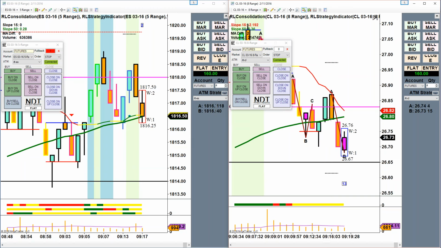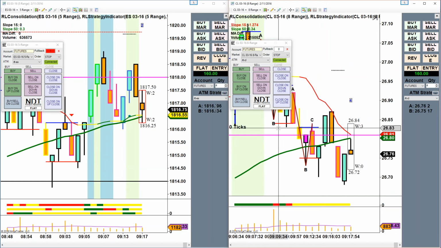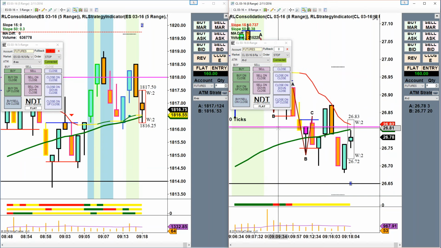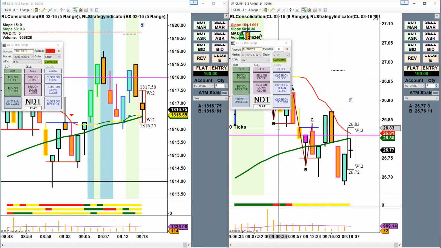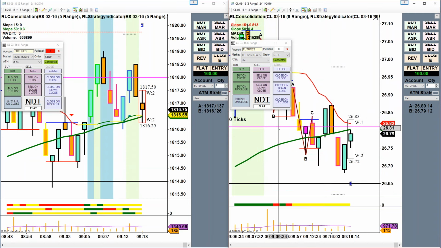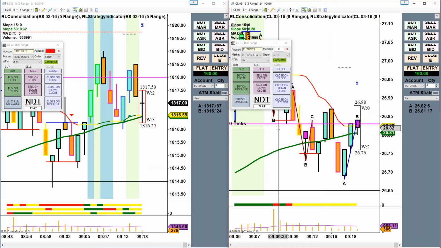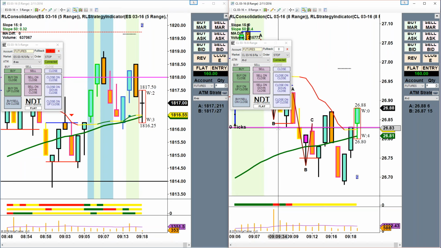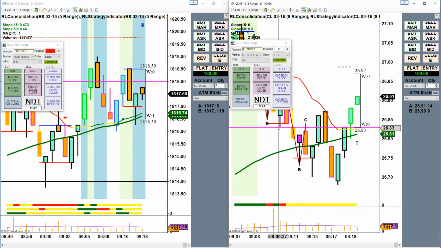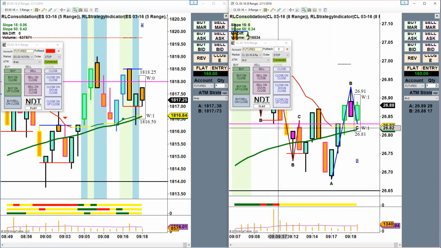You can see the 1550 is heading up. It goes crude right back into the higher time frame.